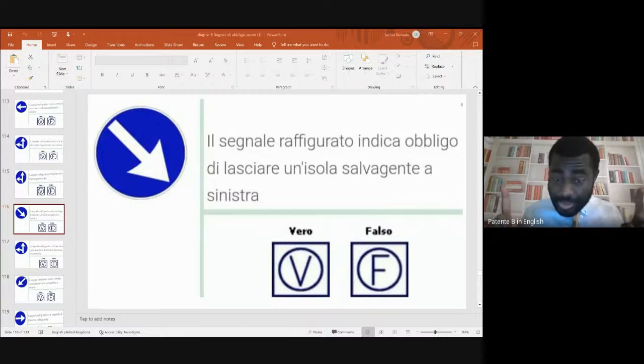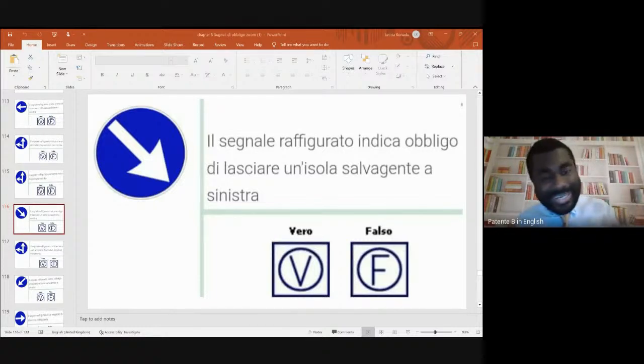It's very simple. When we say you must pass on the right hand side of an obstacle, it means that you leave the obstacle on your left hand side and pass on your right hand side. And this question says that il segnale raffigurato indica l'obbligo.